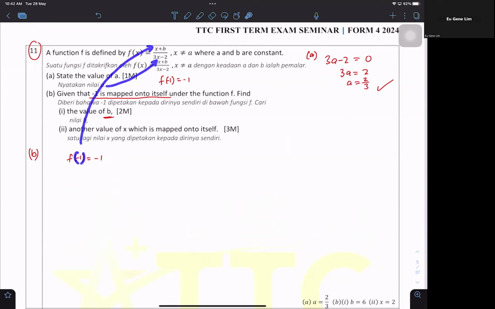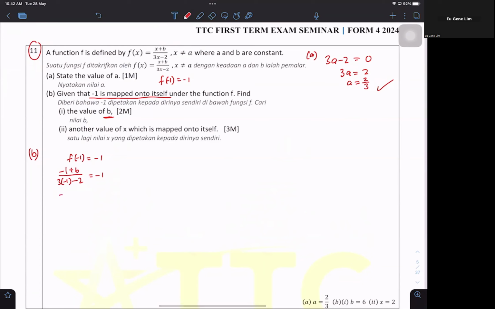So the function becomes what? -1 plus b over 3 bracket -1 minus 2. The right hand side is always the same. Understand? So from here you can find out b already.